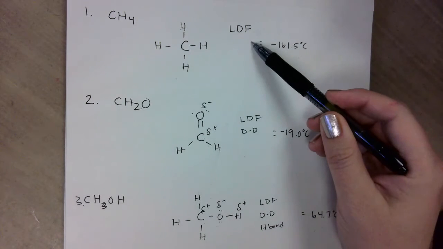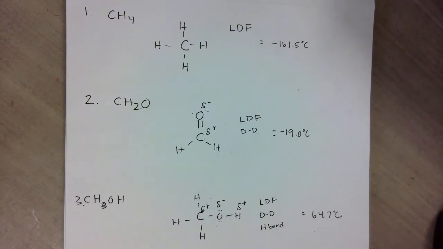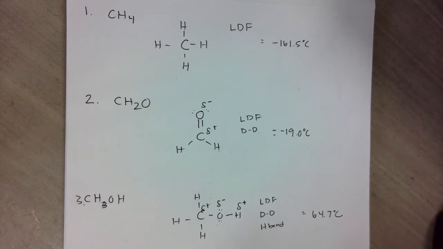But this one only has London dispersions, and CH2O only has dipole to dipole and London dispersion forces. So when we're talking about molecules that are roughly the same size, without vastly different atoms or anything like that, the one that has the greater intermolecular forces is going to have the higher boiling point. And the big tip off here is hydrogen bonding. Hydrogen bonding is the strongest one by far.